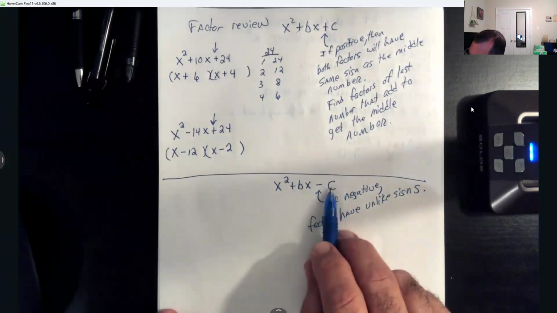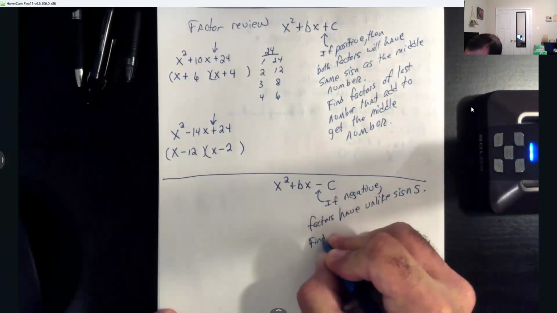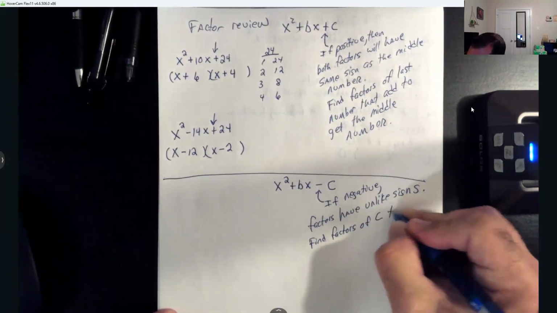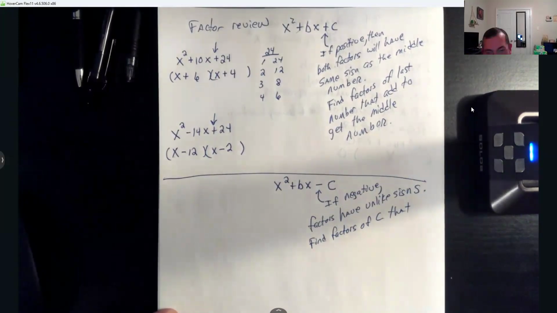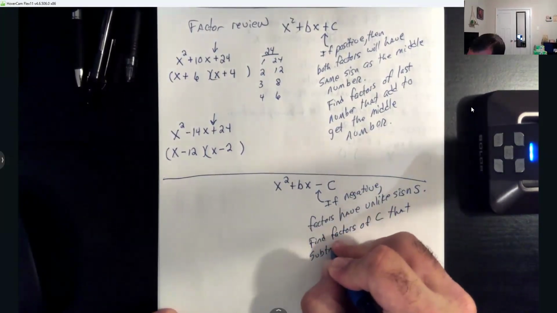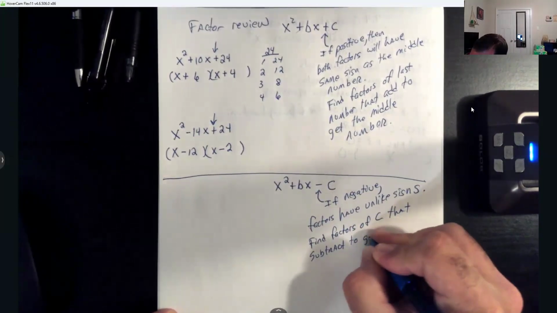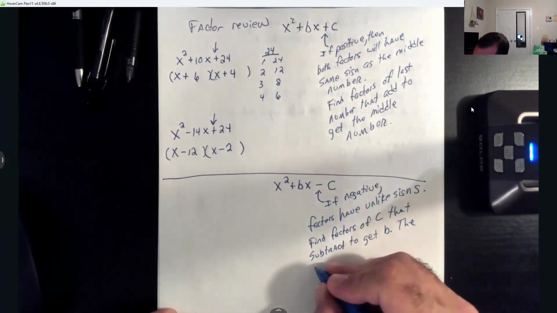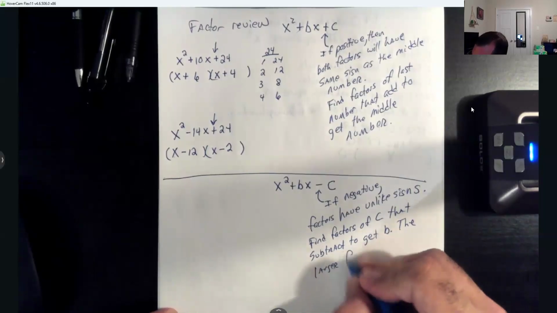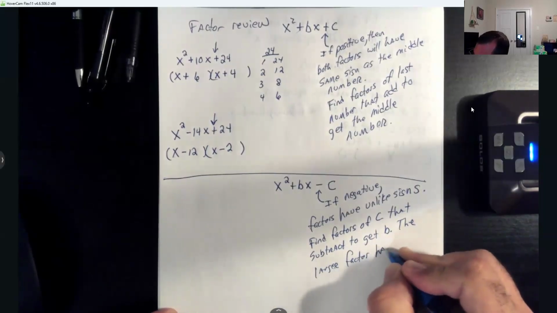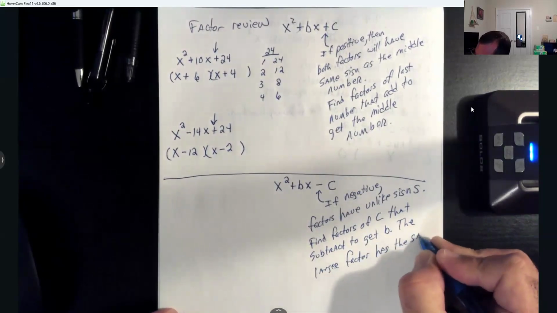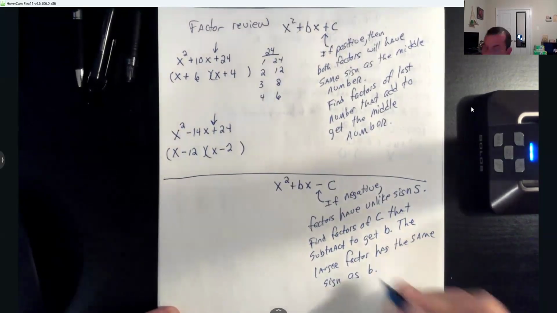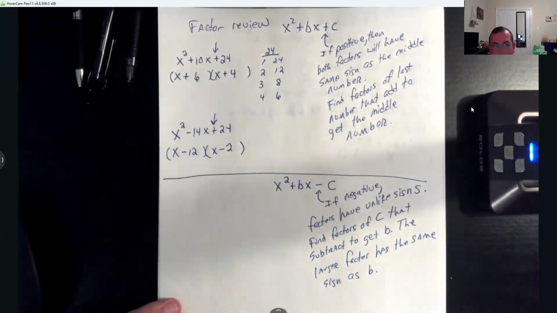So when it's negative, I'm going to find factors of C that subtract to get B. Now, the larger of the two factors has the same sign as B. Okay, so they got unlike signs.